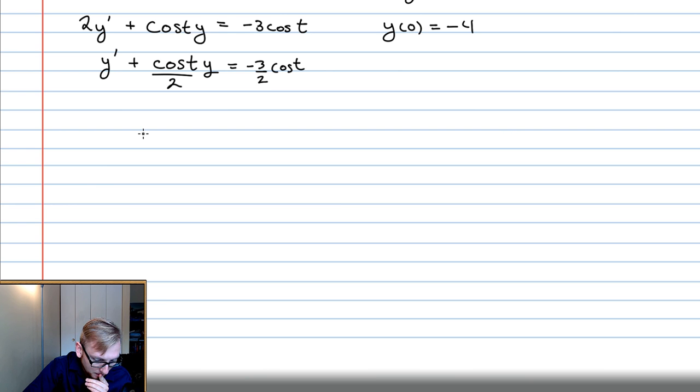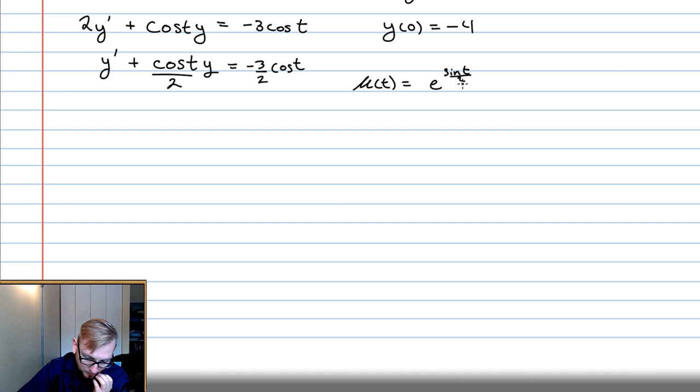And our integrating factor, mu of t, I'm going to use e to the sine t over 2. Now, why would I choose that?